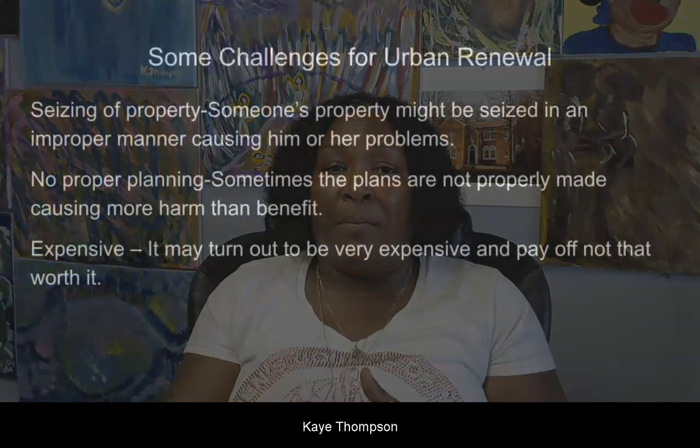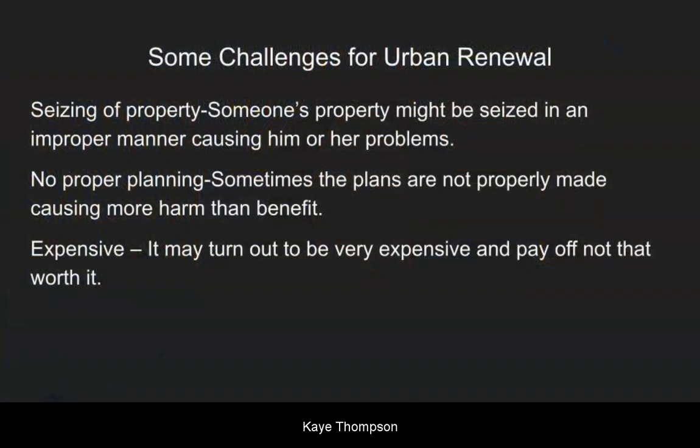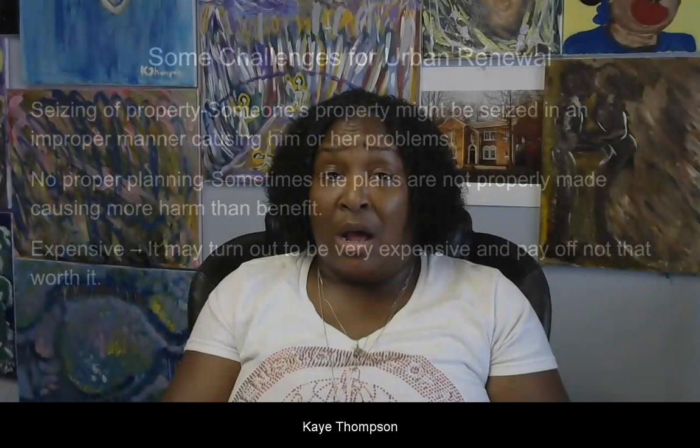If the property of someone is seized in an improper manner, it could cause them issues, and it could cause the community issues as well, by not planning properly for how these properties are going to be used or repurposed. That's another thing.